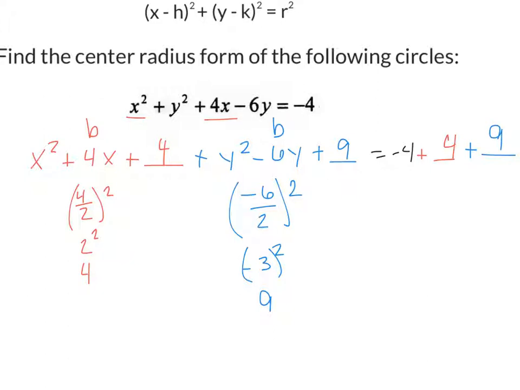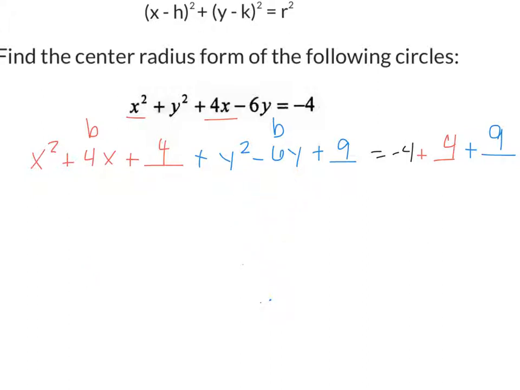Alrighty. So now I'm going to factor the x's and factor the y's and combine the right side. So for the right side, these become 0, so I have it equal to 9. This is going to factor into x and x plus y and y. You will use AM method for both of these pieces.